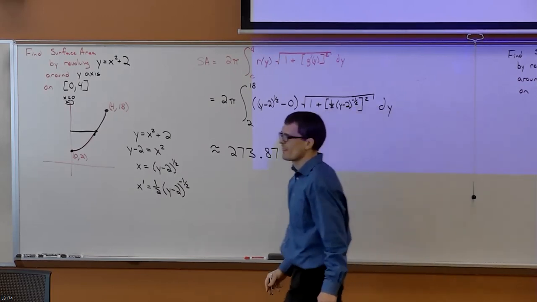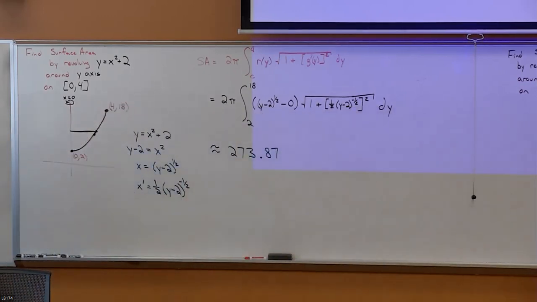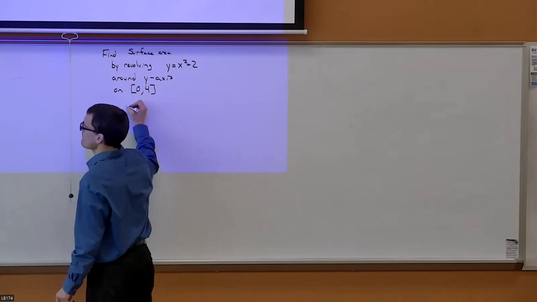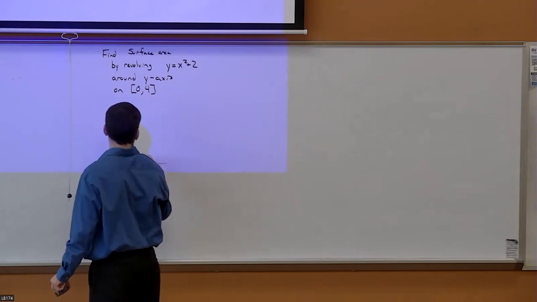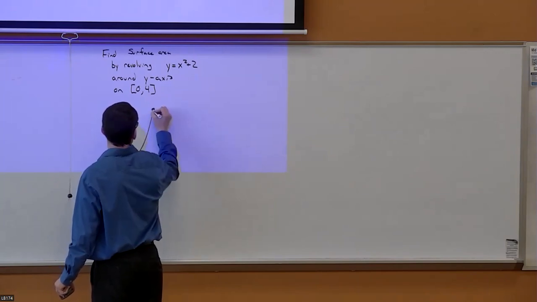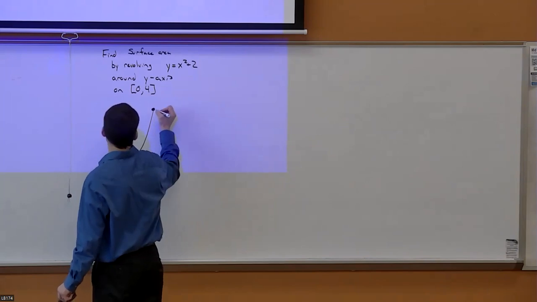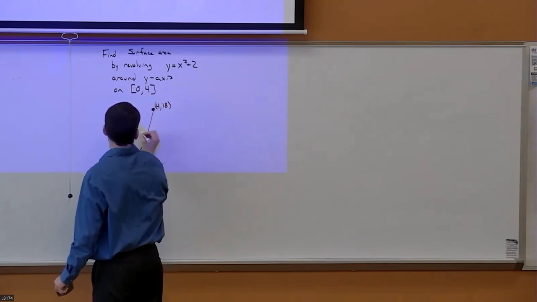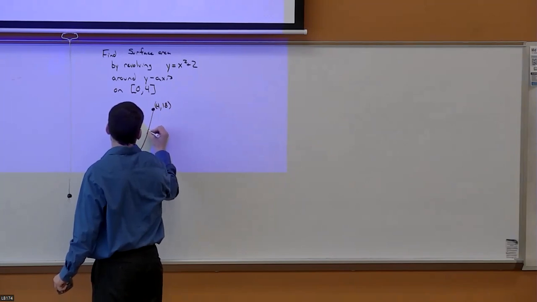Okay. Now, let's do this the other way. We're going to set this up and do the exact same problem, or find the exact same surface area, using a different method.